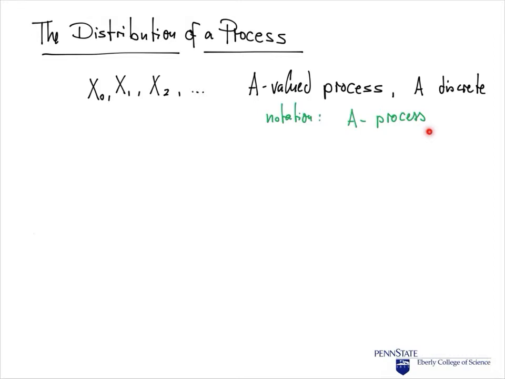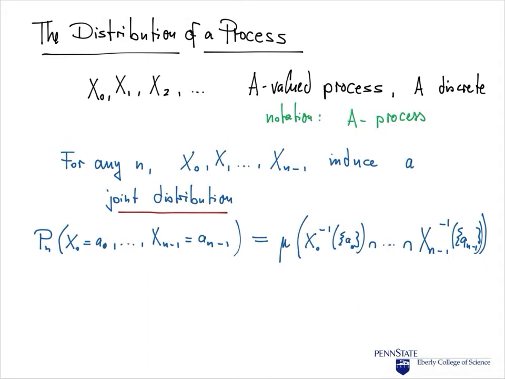And now each of those random variables here induces a probability distribution on A, right? By just pushing forward the measure again from our underlying probability space. And from our sequence of random variables, we can now define their joint distribution as follows.